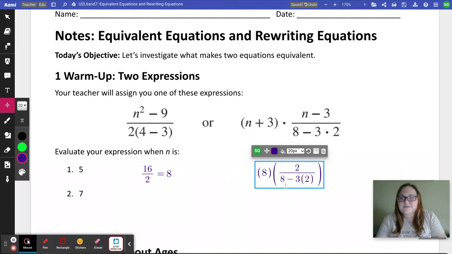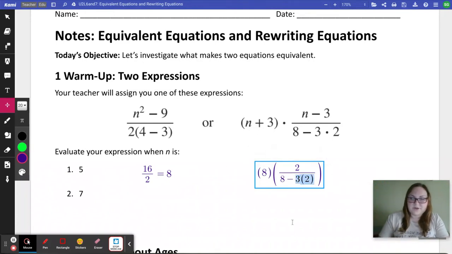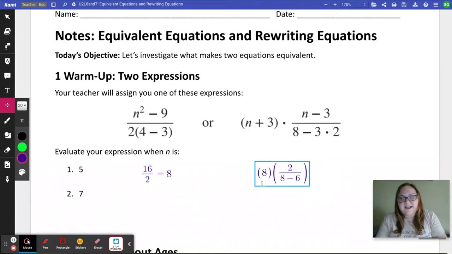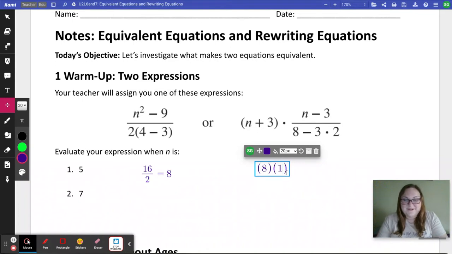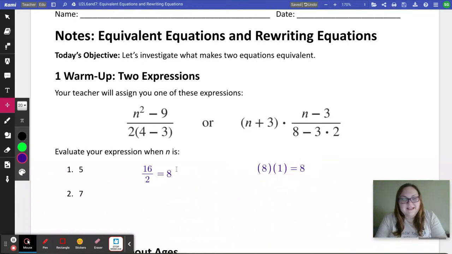Down here, some students sometimes start by doing that 8 minus 3, but if we're using order of operations, PEMDAS, I need to do this multiplication first and then the subtraction second. So I could multiply, and then 8 minus 6 gives me that 2. 2 divided by 2 gives me 1, and I've got 8 times 1, which gives our final answer of 8. Looking here, we've got 8 for the first one and 8 for the second one.